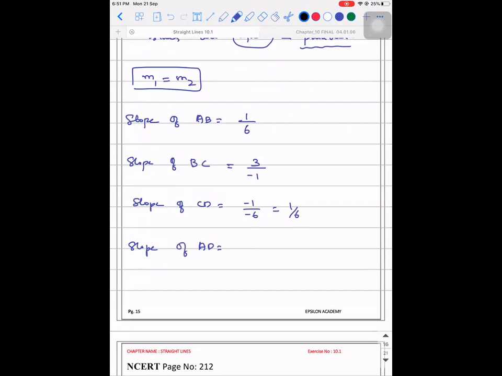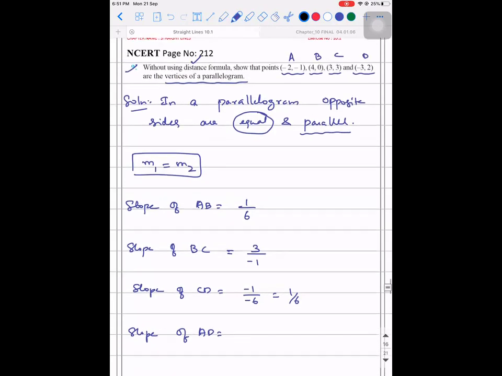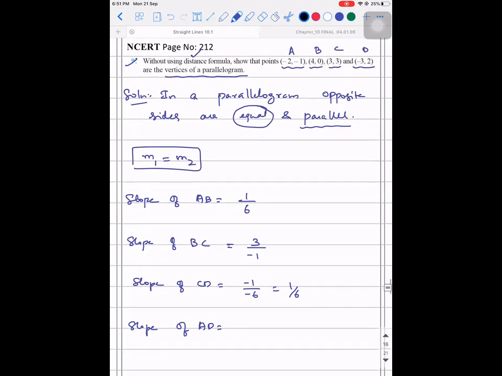Slope of AD, what is the slope of AD? 3 by minus 1. So if you observe, slope of AB is equal to slope of CD. Similarly, slope of BC is equal to slope of AD. What can you conclude? They are parallel to each other. Hence, they form what? A parallelogram.